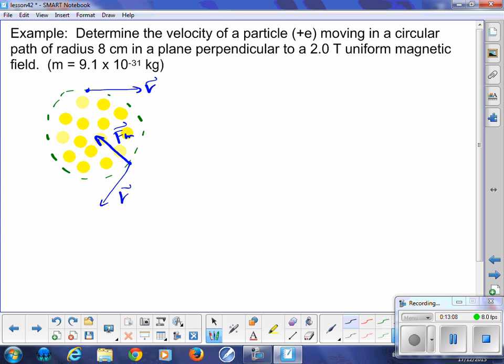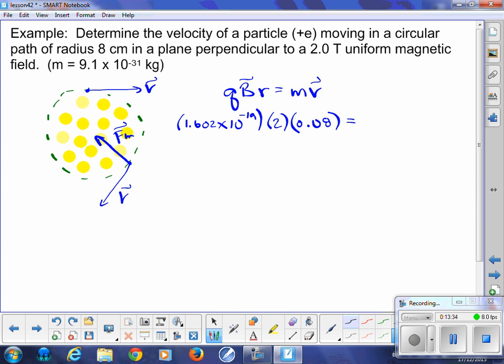All right. So we just talked about the formula for this: qBr equals mv. So what do we know? Well, we know the charge, positive 1.602 times 10 to the negative 19. We know the strength of the magnetic field, that's a 2. Radius is 8 centimeters. Remember, we need to do that in meters.